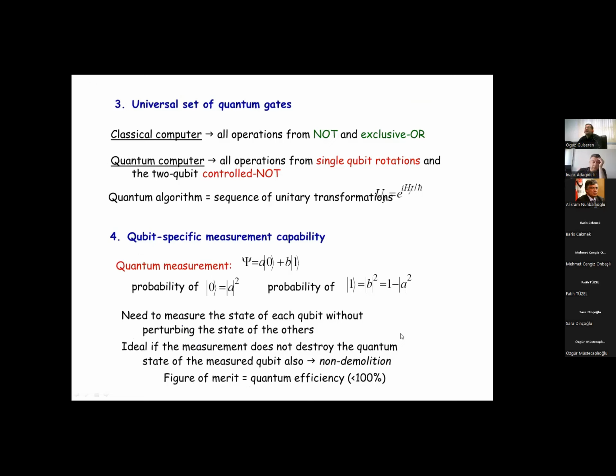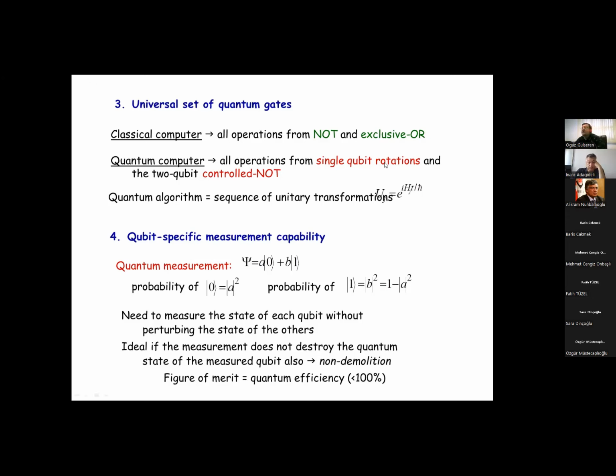And the third, we need a universal set of quantum gates, since at the end of the day, we need this for computation. We need these logic operations. I already summarized this in the previous table for the classical as well as the quantum computers.